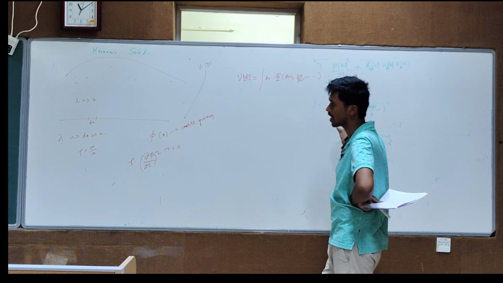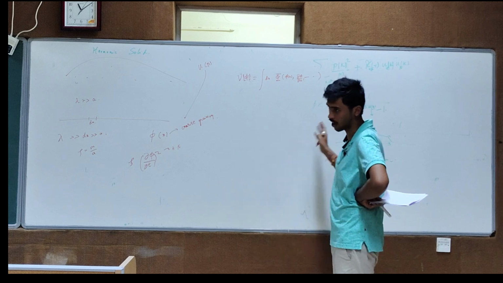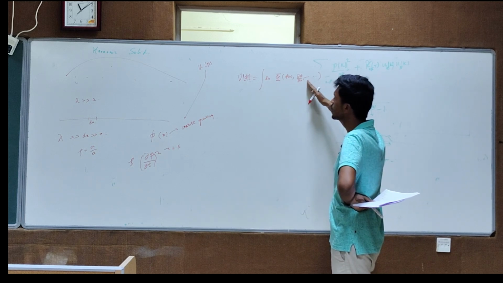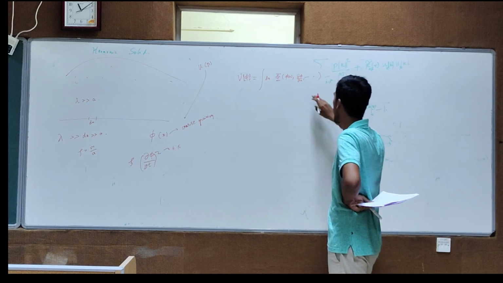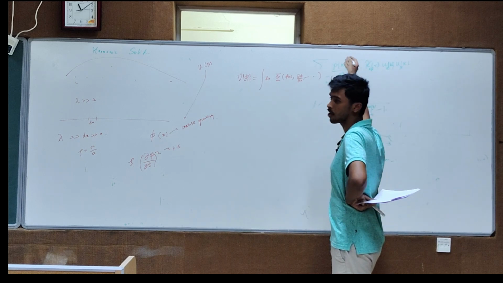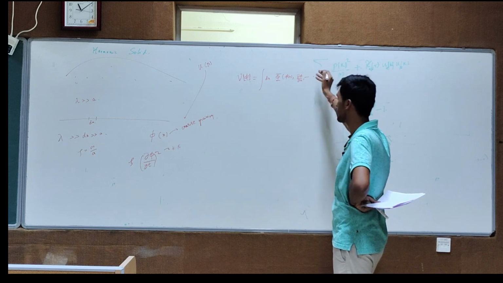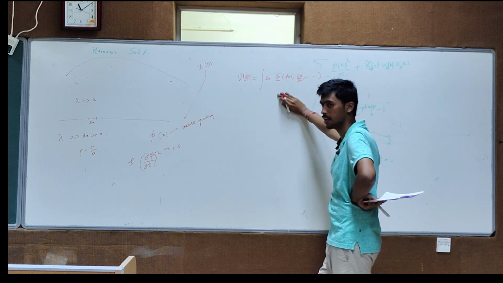Since non-local effects can be captured by including all higher order terms, if your system is local, if it satisfies locality, your higher order derivatives don't contribute much to this potential phi.